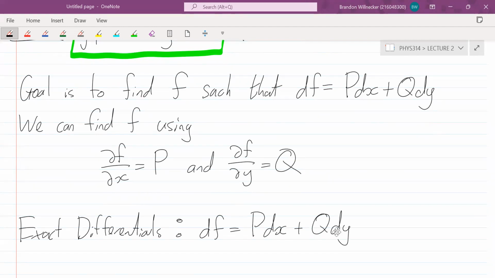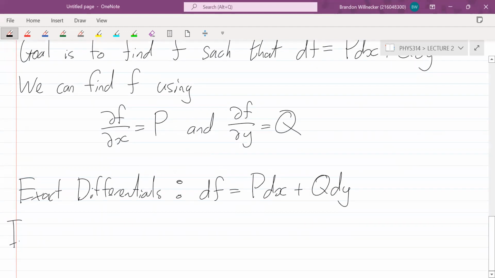For an inexact differential, we use something different.